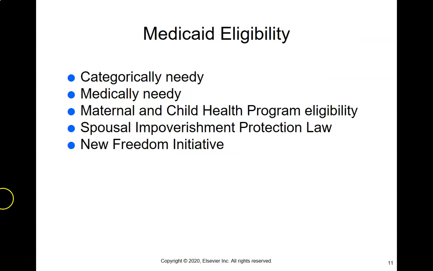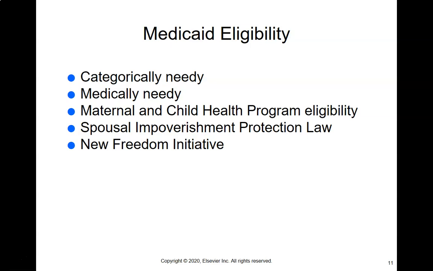Medicaid eligibility. The individuals who are eligible for Medicaid are the elderly, 65 and older, blind, disabled, members with dependent children with minimal support, low income or resources, or a U.S. citizen or a qualified immigrant.